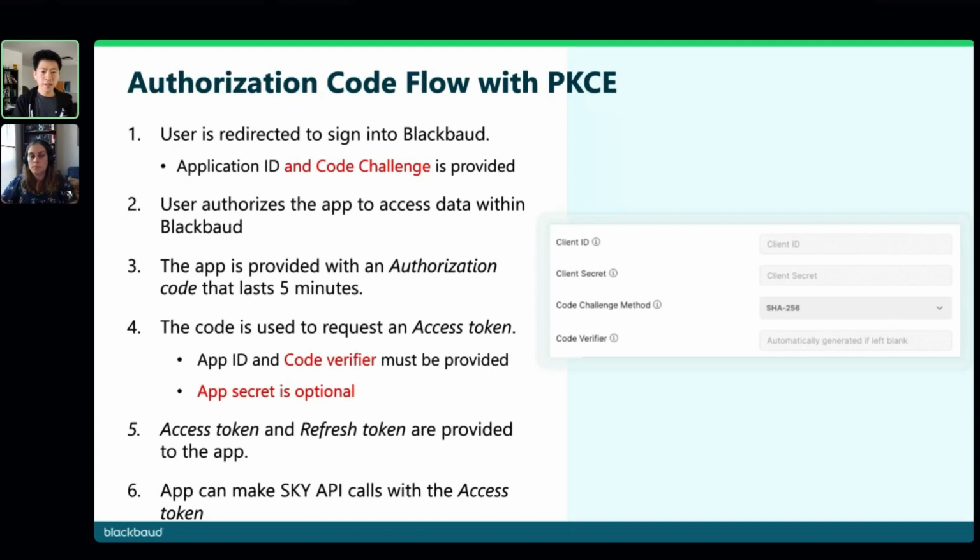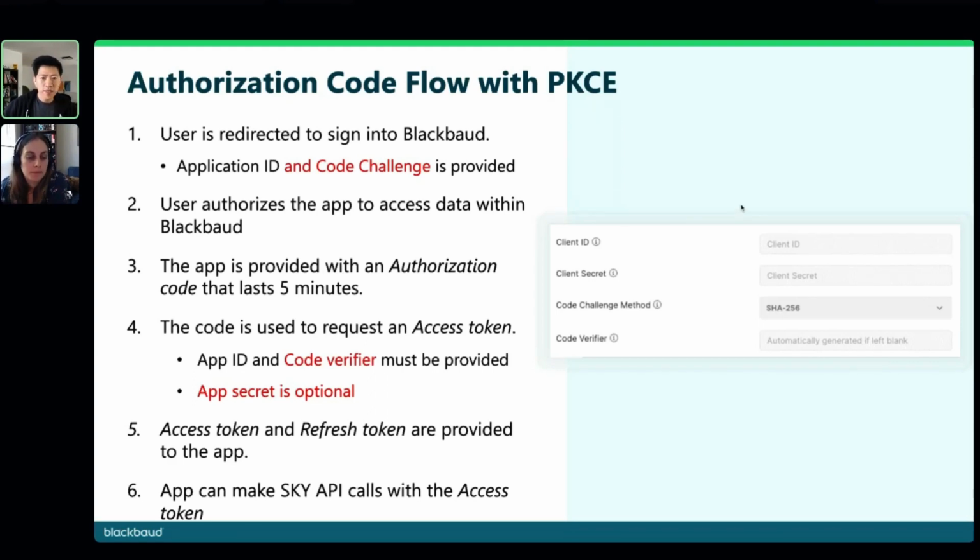So when the access token is requested, our Sky API OAuth service can look at the app ID, the app secret, and validate that code verifier with the code challenge that it already had from the initial call when the user signed in. So that's the additional layer of security that Pixie provides on top of what was already a pretty secure auth code flow.